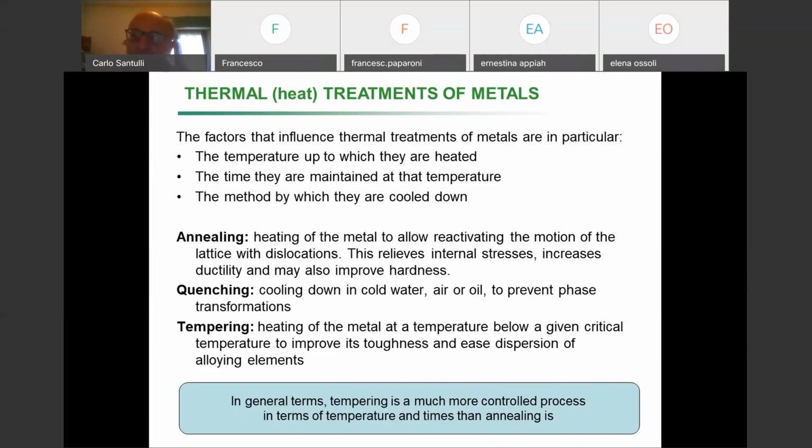But annealing is a kind of not very controlled temperature operation. Quenching means that I cool down in different ways. When you say quenching, I am cooling down after that operation of heating. Then there is tempering. Tempering always means a heating, but I need to control the temperature because I would like to get to a particular phase instead of another, because I want to improve the toughness.